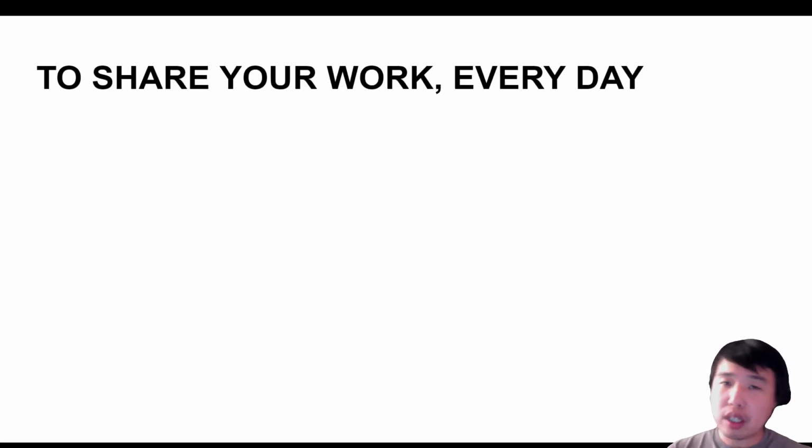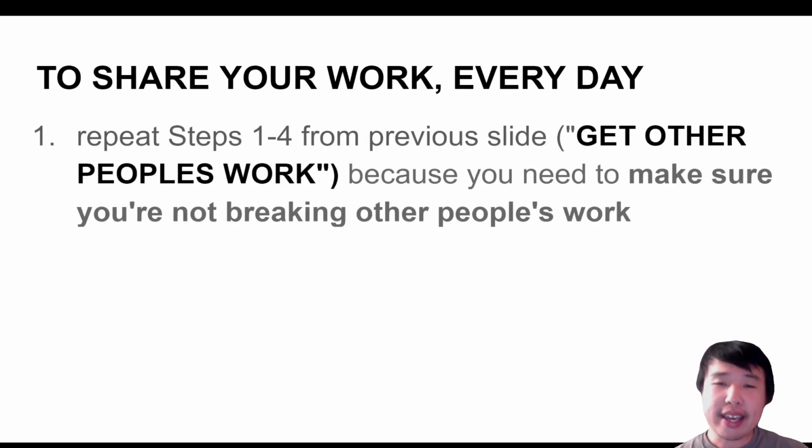But to share your work, it's a little bit more involved. So to share your work every day, like if someone else needs your files, here's how you do it. First, you need to repeat the steps from the previous slide. You need to make sure you got other people's work because you need to make sure you didn't break someone else's stuff.